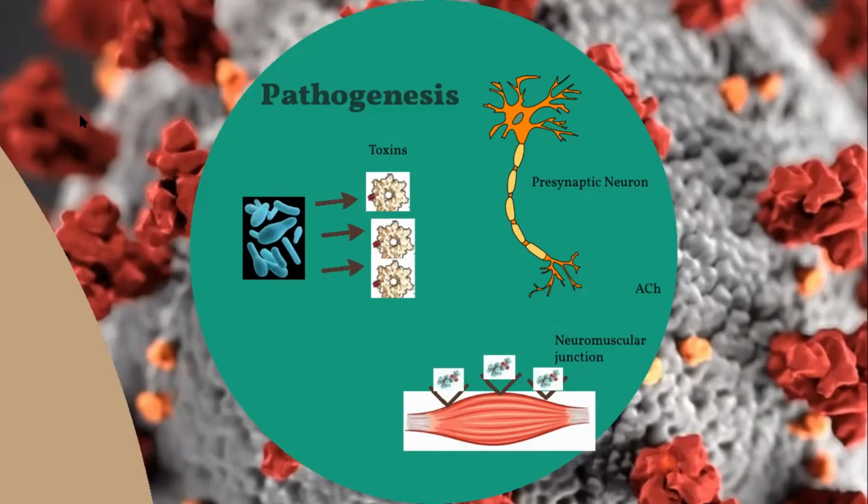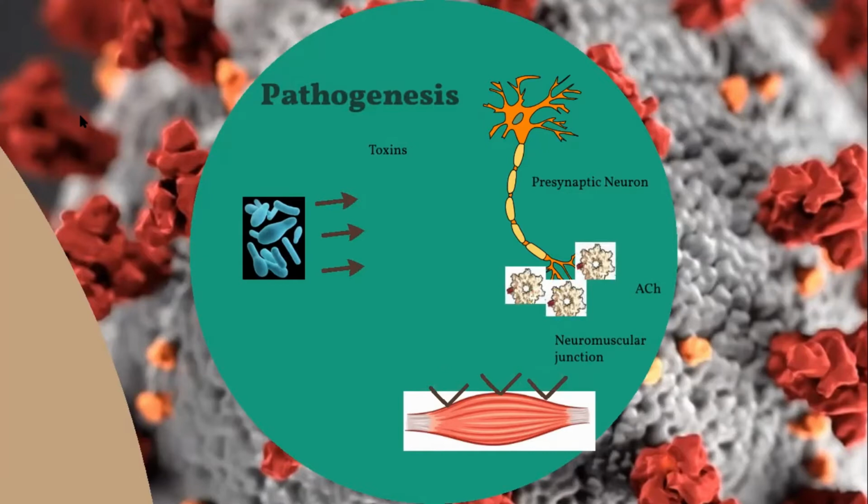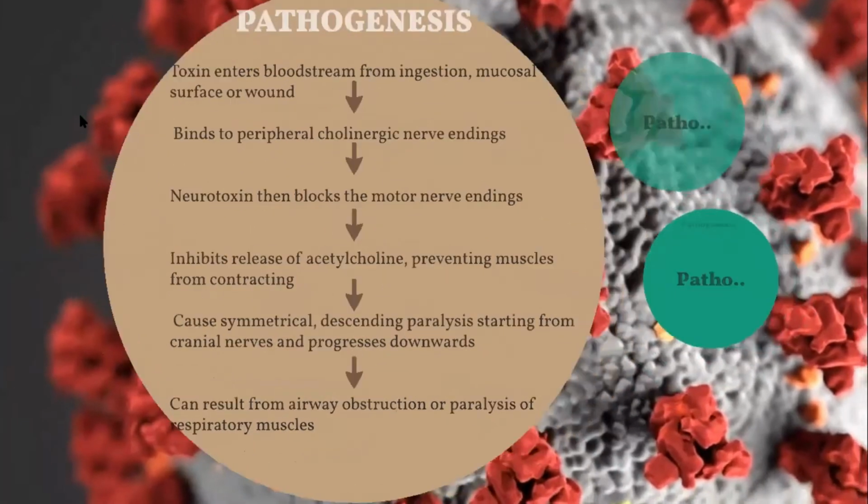When botulism is present, the toxin binds to the presynaptic neuron, preventing the release of acetylcholine into the synapse. So there is no activation of acetylcholine receptors in the skeletal muscles. That's why we lose our ability to contract our muscles.